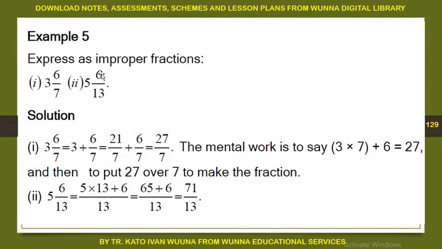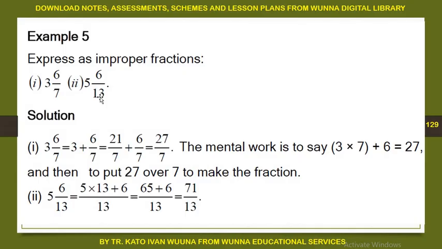Then in Roman numeral 2, we shall multiply 13 by 5 plus 6. 13 times 5 is 65 plus 6 gives us 71. So our new fraction will be 71 out of 13.